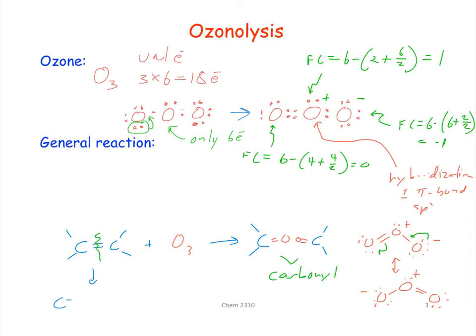I'm just going to break it like this, right? Just severed that bond in the middle, and then I'm just going to add an oxygen into each side. All right, and then we're going to end up with some other oxygen species for the third oxygen, but that depends on how we run the reaction. Okay?